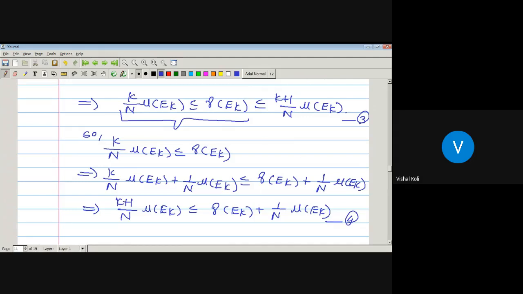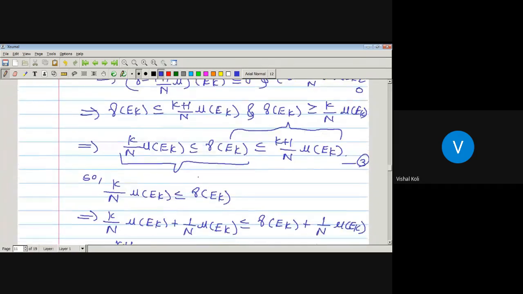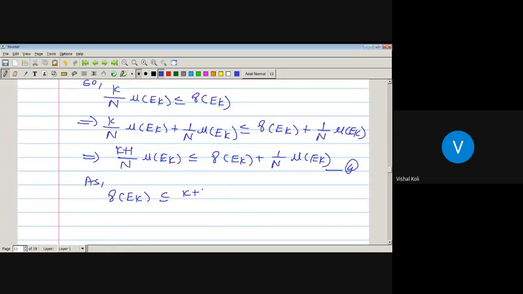Now from this part, as gamma of E_k is less than or equal to (k+1)/n measure of E_k, this part can be written as k/n measure of E_k plus 1/n measure of E_k.